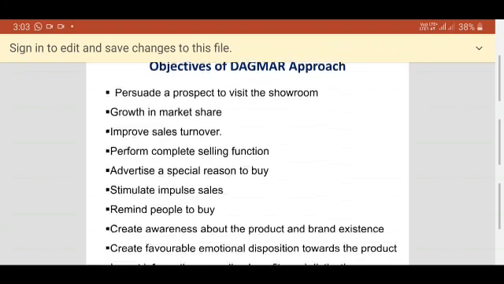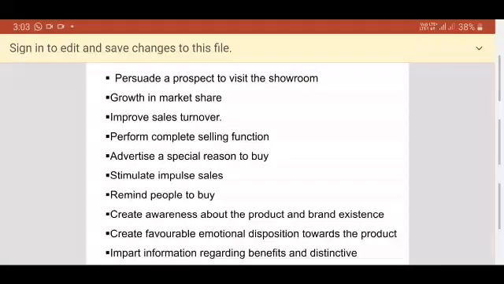Then advertising gives a special reason to buy. Of course, most buyers do not see the content inside the book, but they see the wrapper and they purchase. Like that, advertising and also branding is very important for sales, so that it will induce and stimulate the consumers to purchase again.